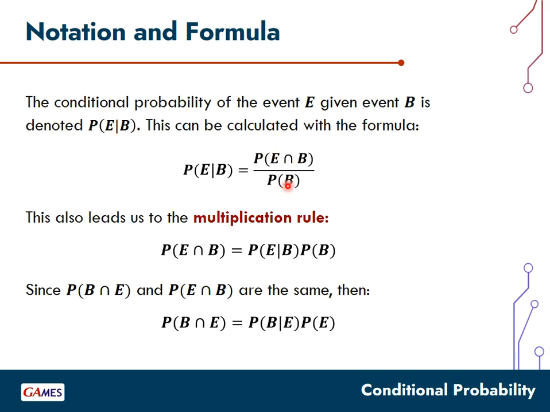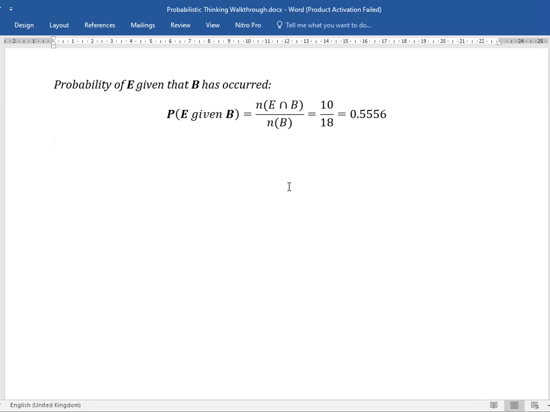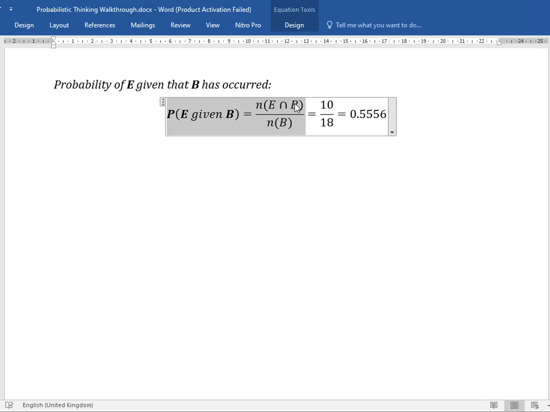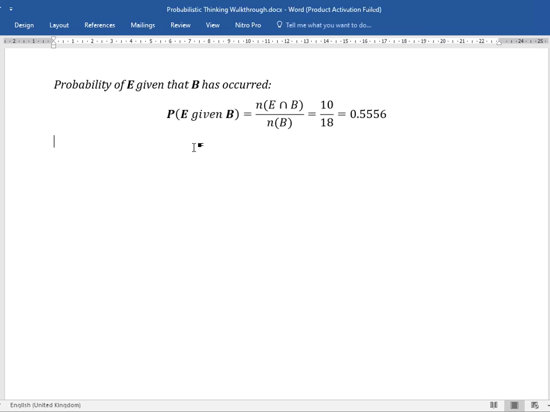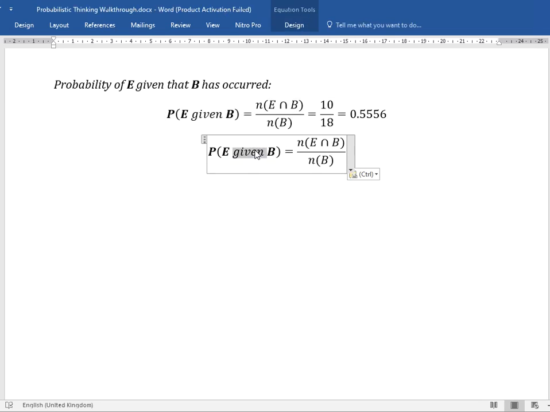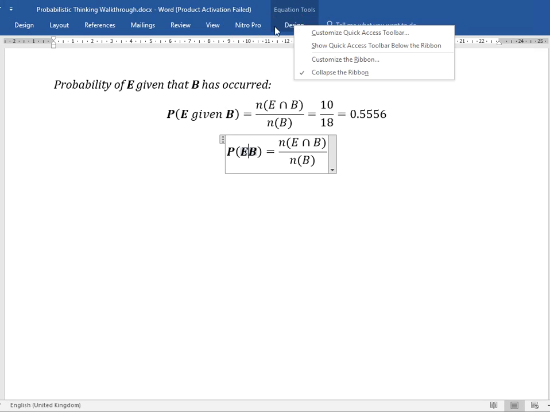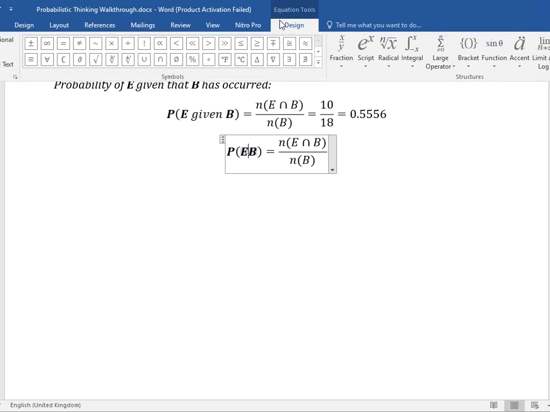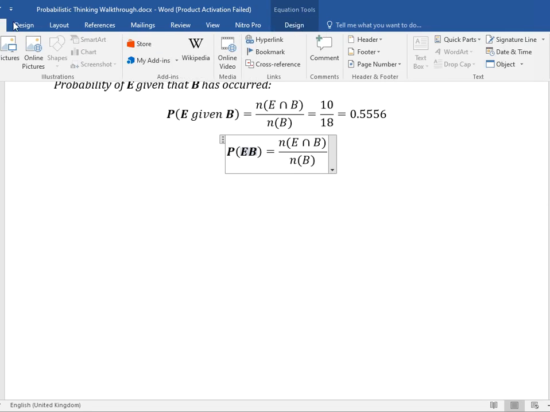Let us do the math. So instead of this, we are going to write probability of E given B. I can't find that symbol on my keyboard, so I'll just use symbols.